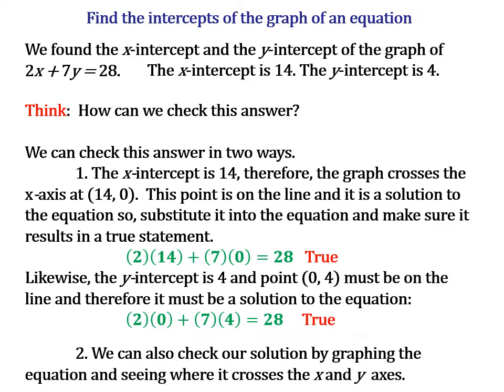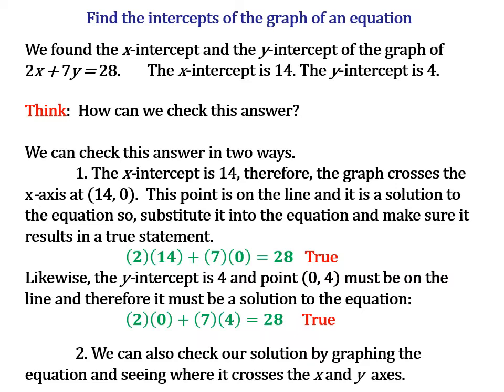We can check this answer in 2 ways. The x-intercept is 14, therefore, the graph of the line crosses the x-axis at (14, 0). This point is on the line, and it is a solution to the equation. So if we substitute it into the equation, we can make sure it's a true statement.